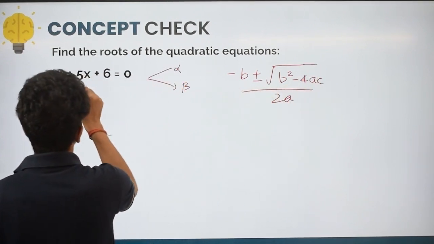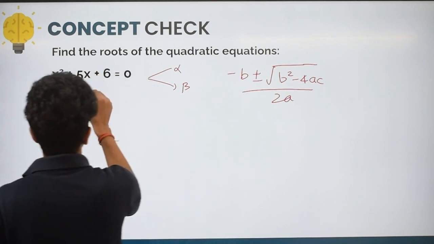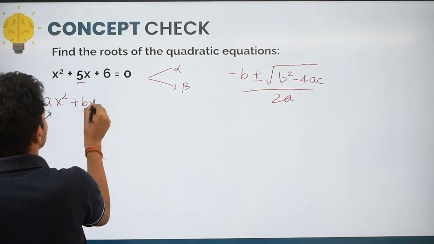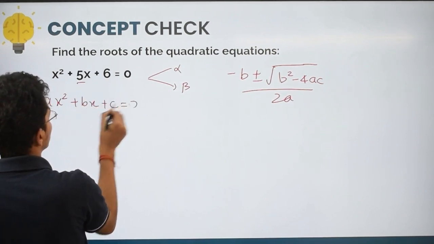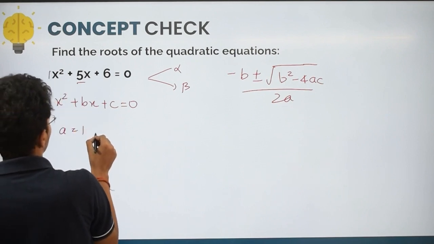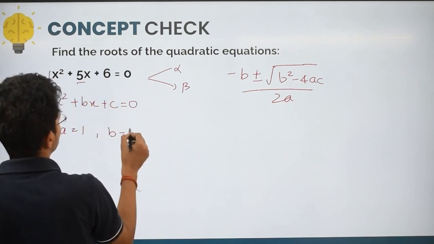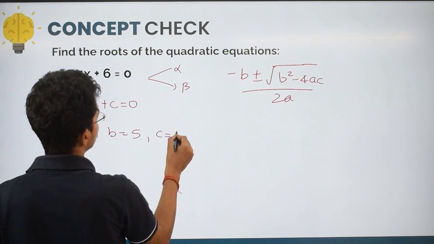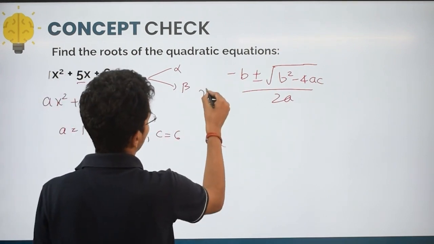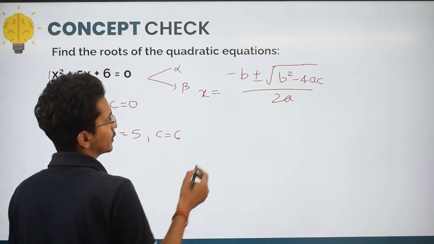Where b is what? B is the coefficient of x, means if you will write the formula ax square plus bx plus c, you can easily compare that the value of a is 1 over here because it is 1x square, the value of b is 5 here, and value of c is 6, right? If you will put these values, you will find the value of x directly, means the roots of this equation.